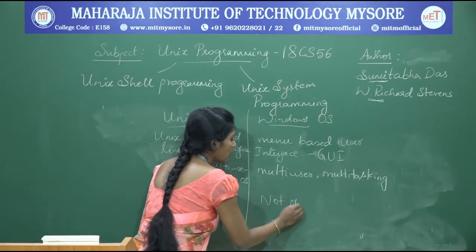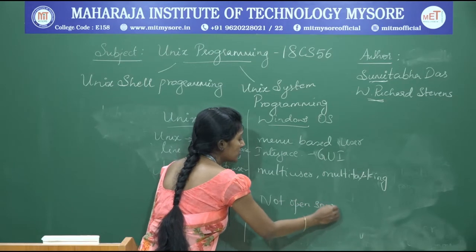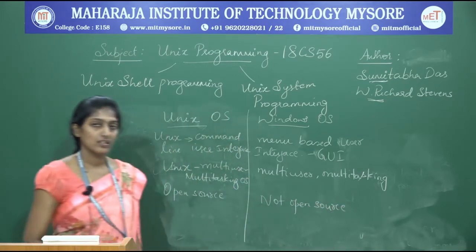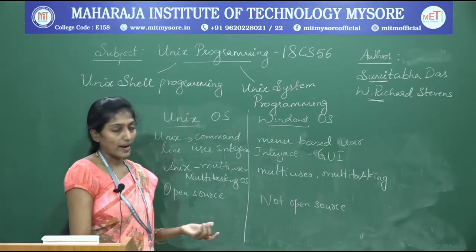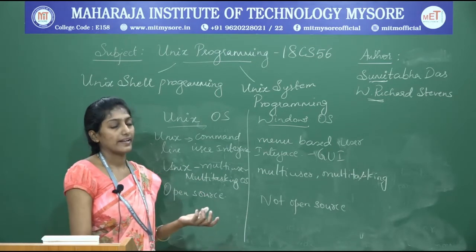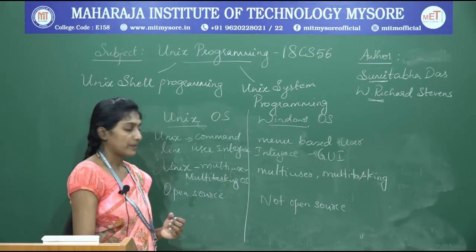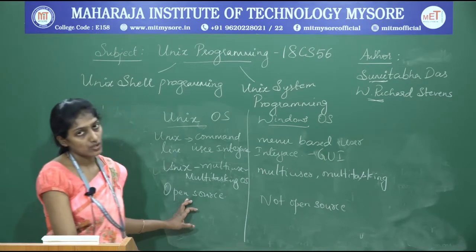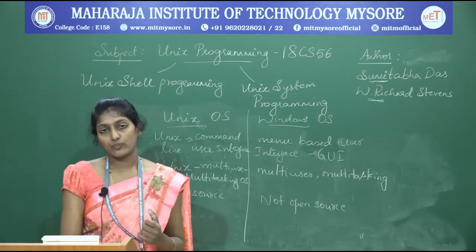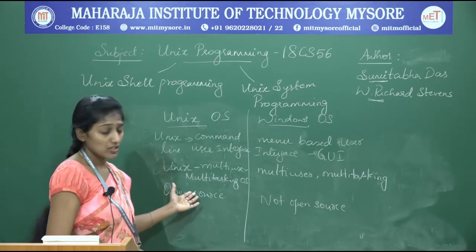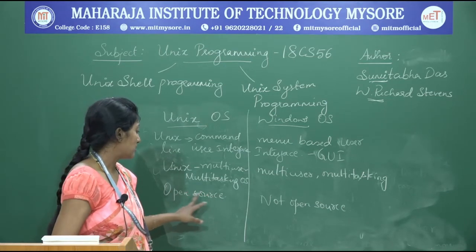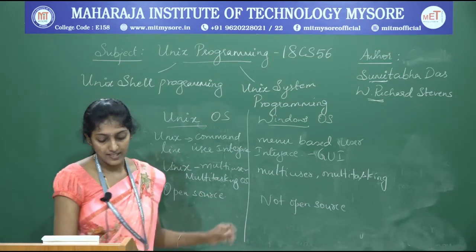It is a licensed version. You have to buy it and provide a license key, then only can you access the operating system, whereas Unix is open source and you can install it on any hardware machine.